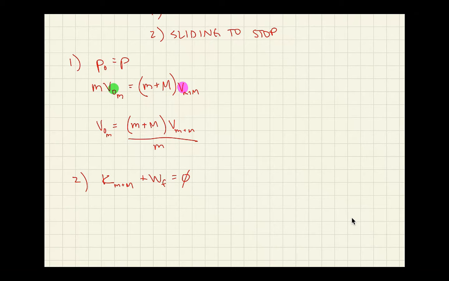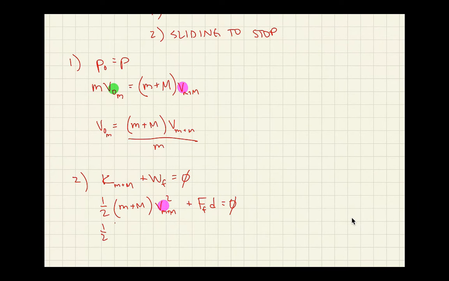That kinetic energy would be 1/2 the sum of the masses times the final velocity of the two masses squared. And then that work done is going to be the force of friction times d equals 0. Now, looking at this, I can already see this v is what I need to solve for, because then I want to plug it back into my momentum equation and solve for v naught of the clay. So I'm not quite there yet, because force of friction is not a variable that I'm allowed to use. So I'm going to have to substitute into that force of friction to get rid of it.